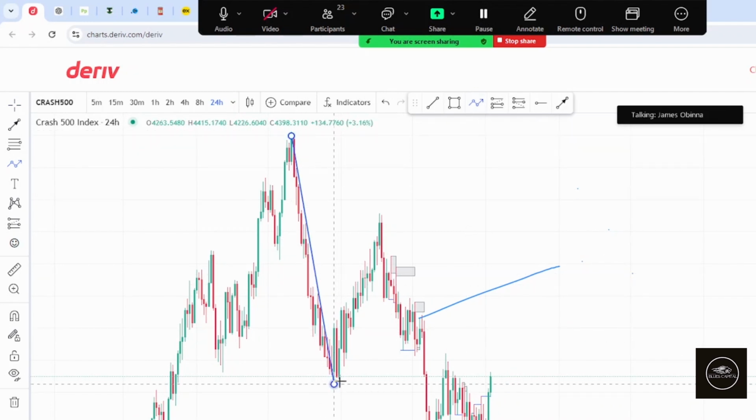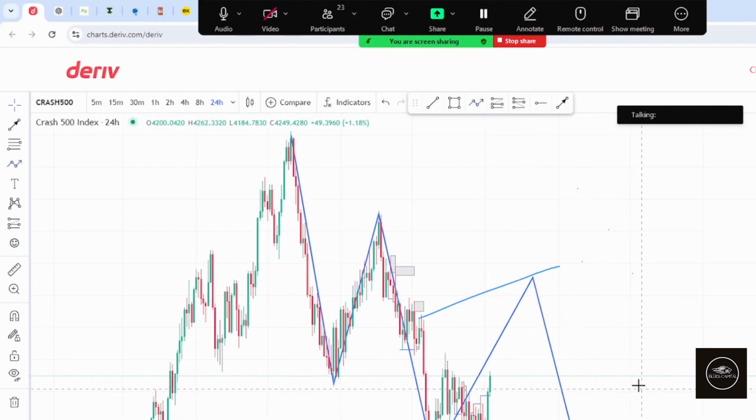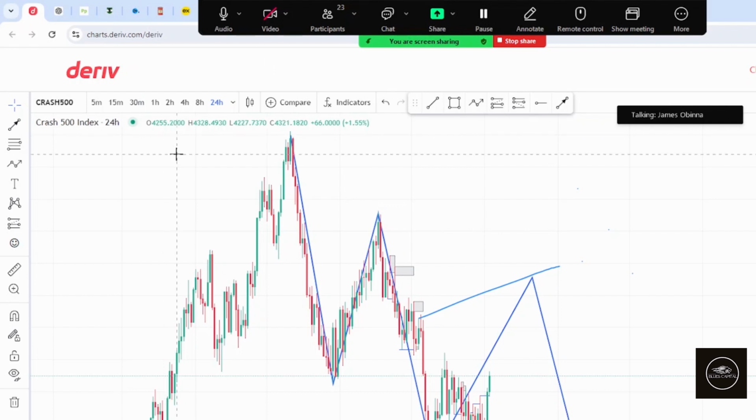This is the first move, the retracement. Another move. So we are expecting the market to push to something like this before pushing to the downside. This is what I'm anticipating on Crash 500. But remember, this is a daily time frame. It will take a long time, months, before this can manifest.